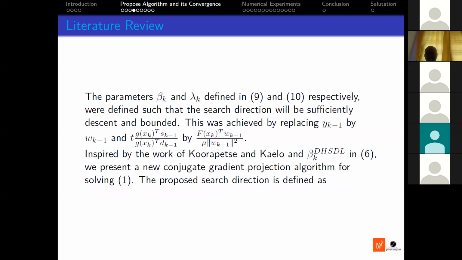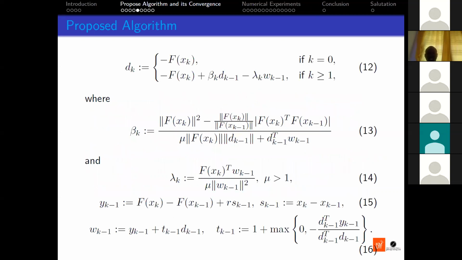The proposed search direction is defined as minus f of xk if k is 0, and minus f of xk plus beta k dk minus 1 minus lambda k wk minus 1 when k is greater or equal to 1. And beta k is given by 13.